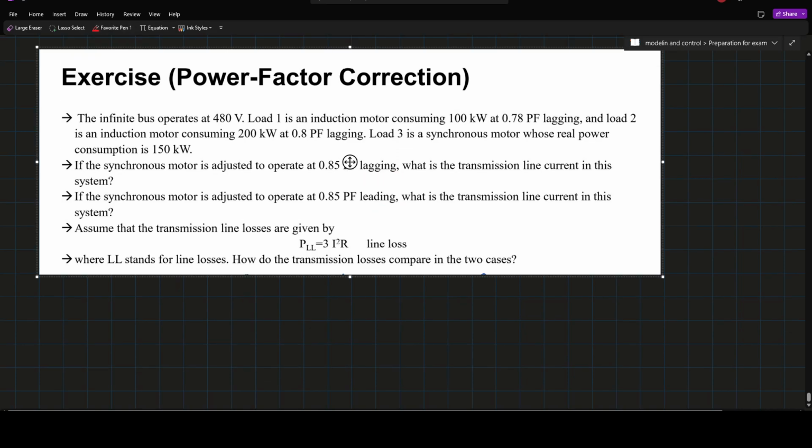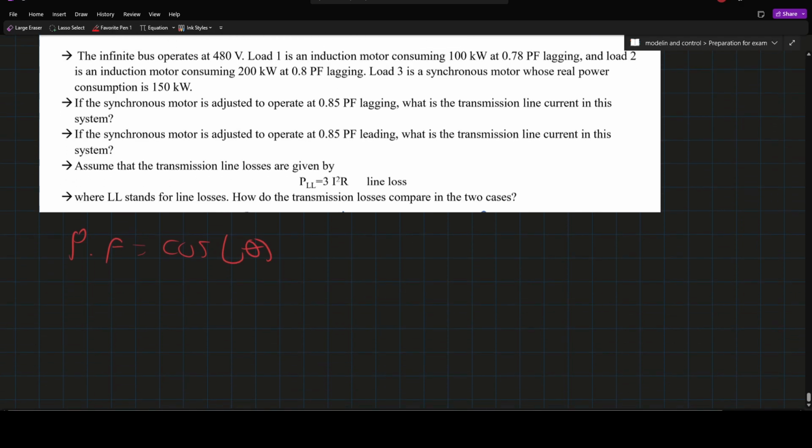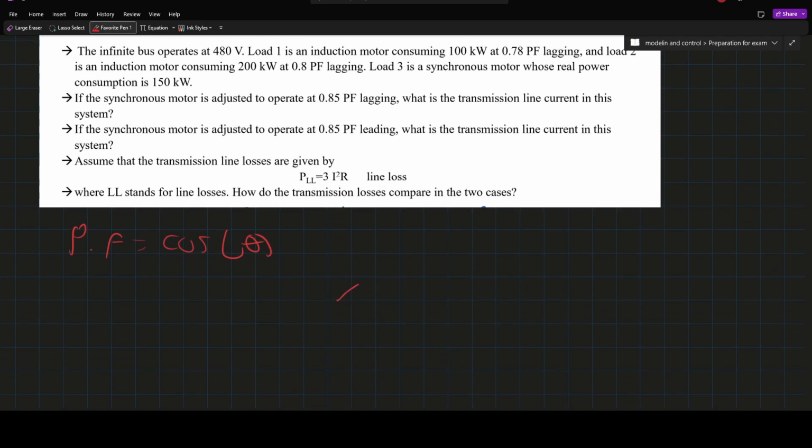Okay, so let's start by just remembering our formulas for power factor. Again, it is cos of theta, and we are going to use here real power and apparent power. So we know that here we're going to have our triangle.